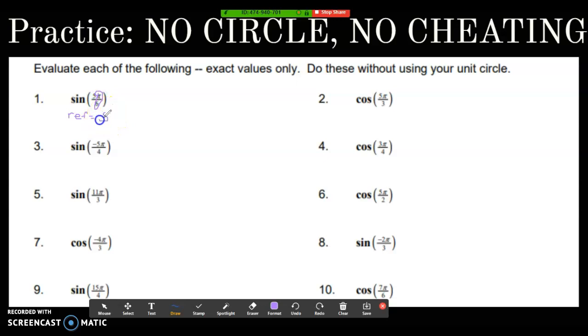So I can just think about, hey, what is the sine of pi over 6? And if I know the sine of pi over 6, then I just need to think about where 5 pi over 6 lies, what quadrant it is in. And then I can just change the sine value of the trig function based on the quadrant. So the sine of pi over 6, we know, is 1/2.